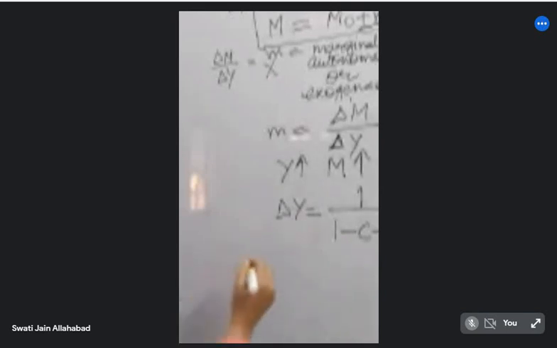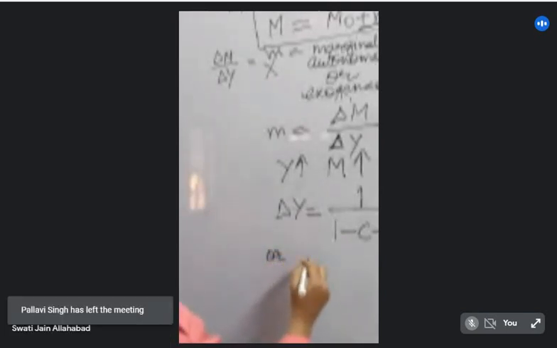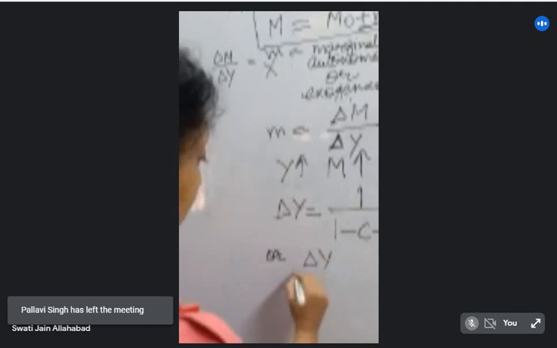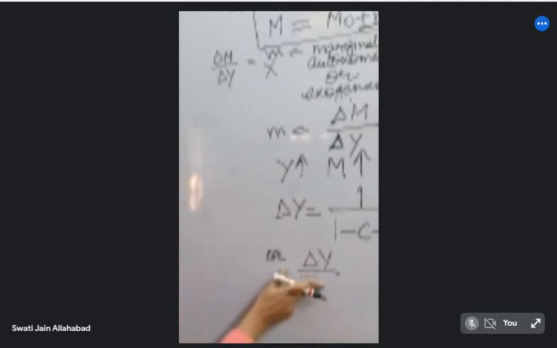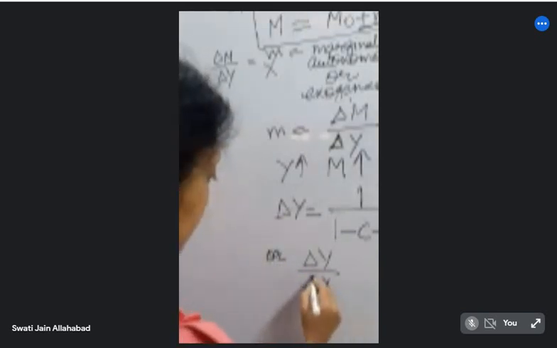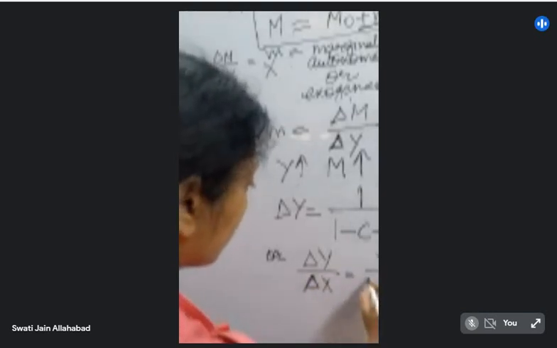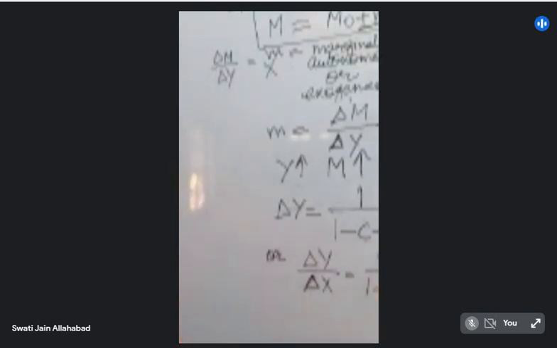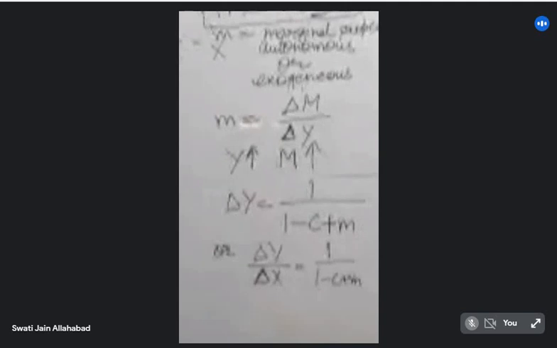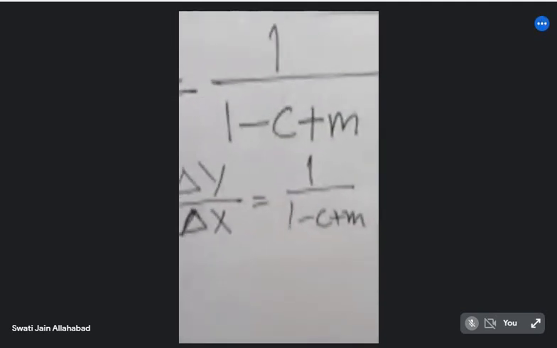So delta Y by delta X is equal to 1 upon 1 minus C plus M, and this becomes your foreign trade multiplier.